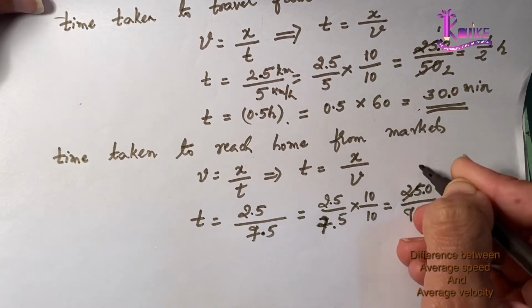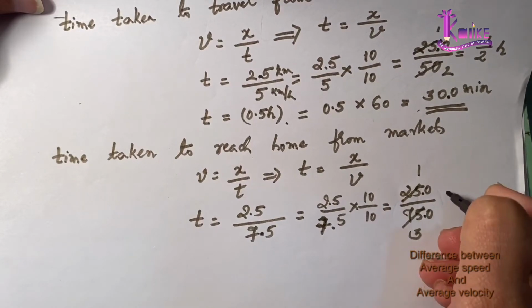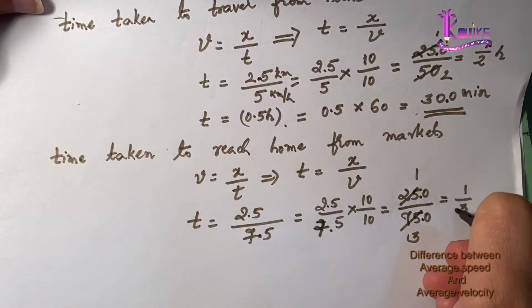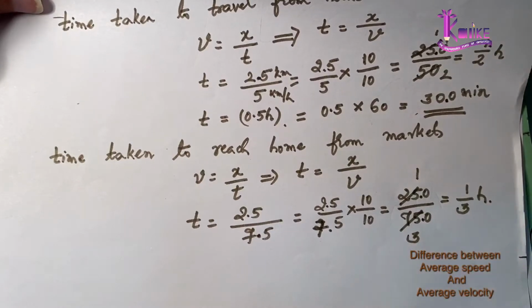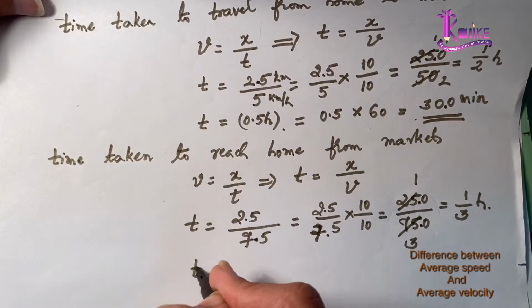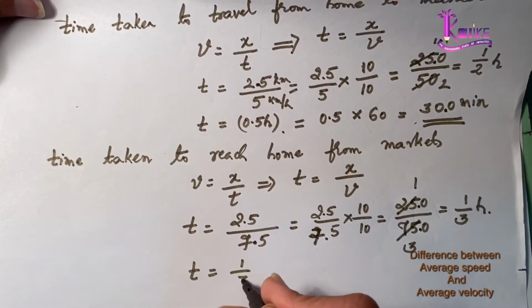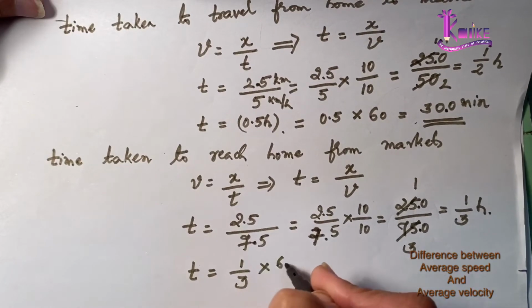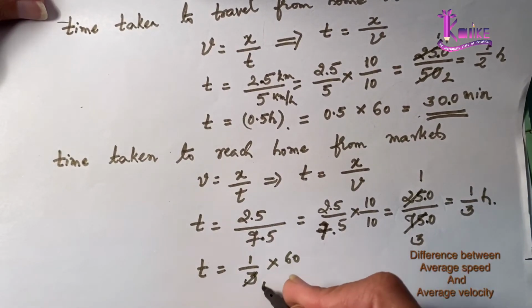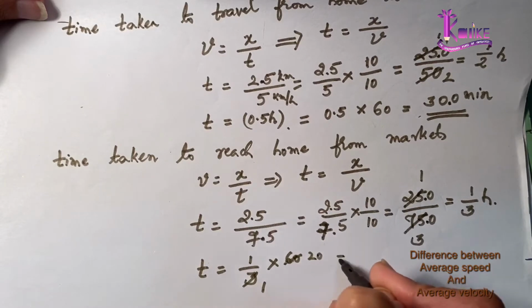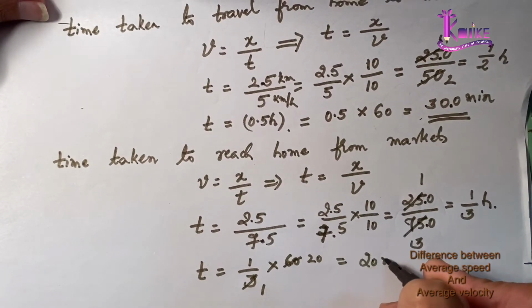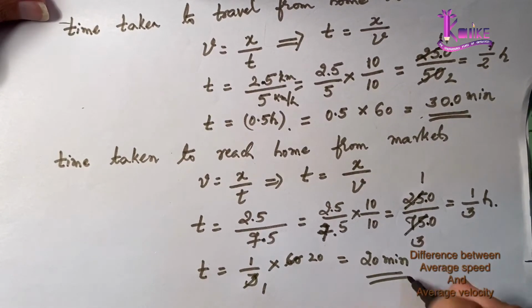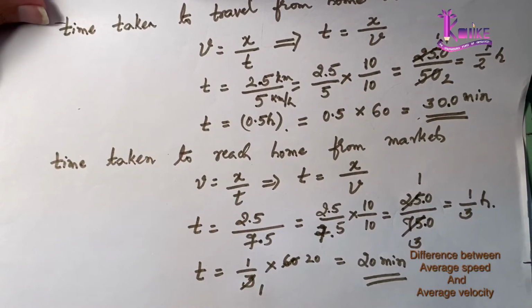So this is 25 one times, 25 three times, which is nothing but 1 by 3rd of an hour. So if I convert that into minutes, 1 by 3 hour, 1 hour is 60 minutes. So that will be 3 1 times, 3 20 times. So he takes 20 minutes to reach home from market.